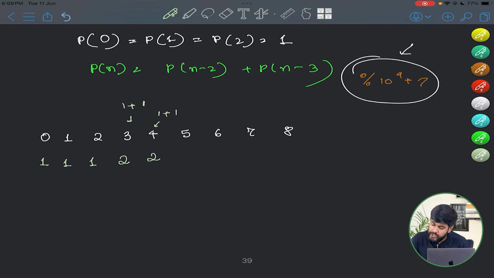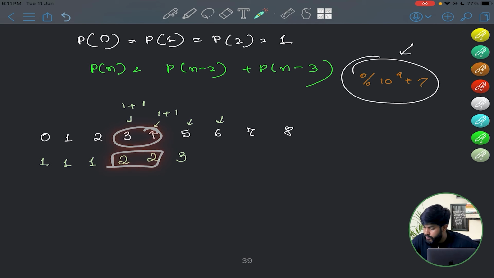Then we come to 5. 5 minus 2 is equal to 3, that is 2, and 5 minus 3, that is 2, is equal to 2, so 2 plus 1 is equal to 3. Then for the value 6, 6 minus 2 is equal to 4 and 3, so the value would be 2 plus 2, that is 4.